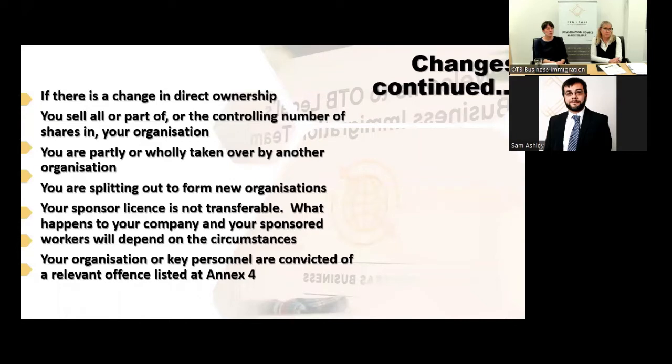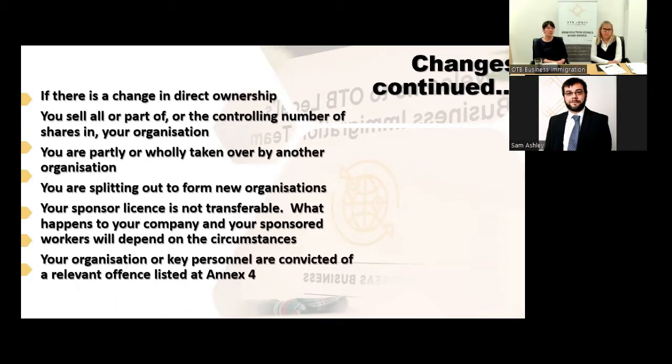The key thing to bear in mind with these is the reason why the Home Office are doing this. So the Home Office are interested in who's named on a license, but they're also interested in who actually has positions of power and control within an organisation, who is actually in a position to pull the strings behind the scenes.